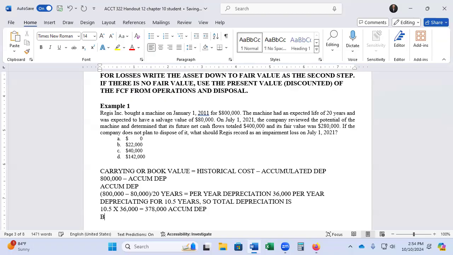So our book value equals 800,000 minus the 378,000, which equals 422,000.